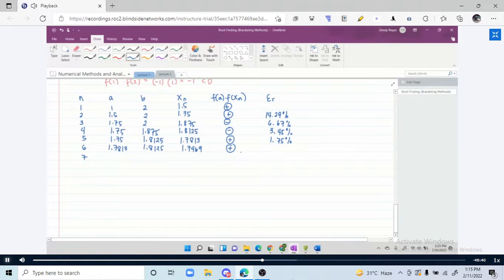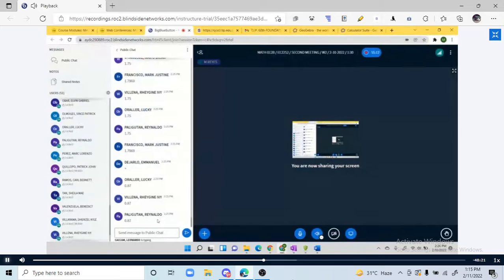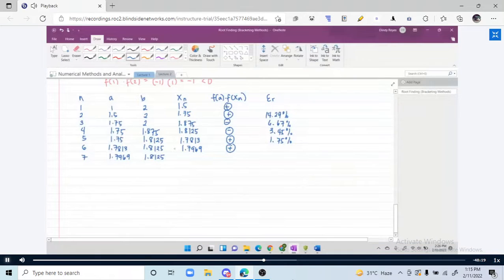So in the seventh iteration, we change the value of A. 1.7969. This is still 1.8125. The value of X sub 7 after we get the value of the relative error in the sixth iteration. 0.87% is correct. Okay, we're almost there.